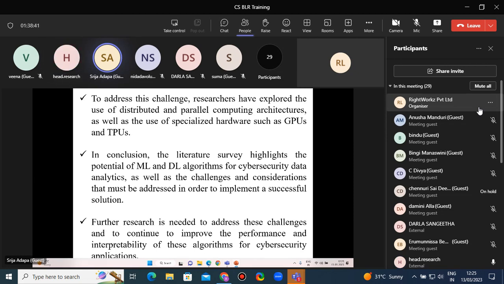In conclusion, the literature survey highlights the potential of ML and DL algorithms for cybersecurity data analytics, as well as the challenges and considerations that must be addressed in order to implement a successful solution. Further research is needed to address these challenges and continue to improve the performance and interpretability of the algorithms for cybersecurity applications.